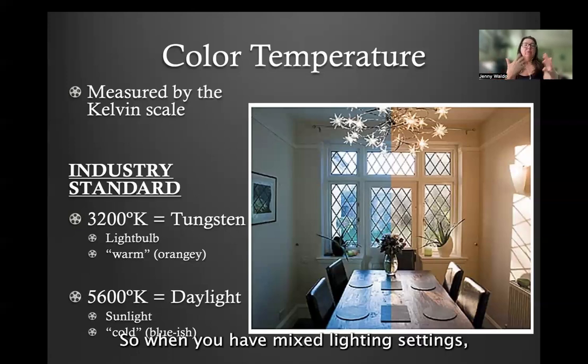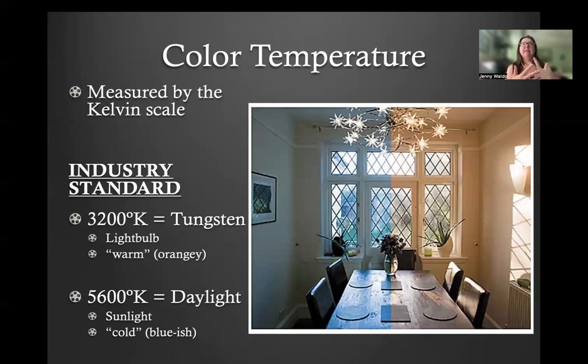So when you have mixed lighting settings, this is where you need to figure out whether you want these overages to come through and be seen, or do you want to correct for it? And there are ways to correct for it.